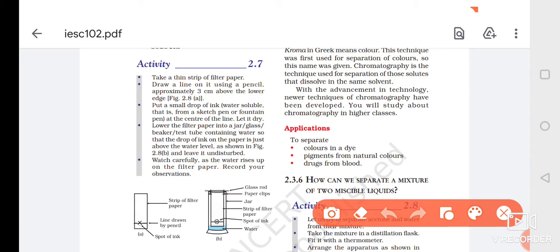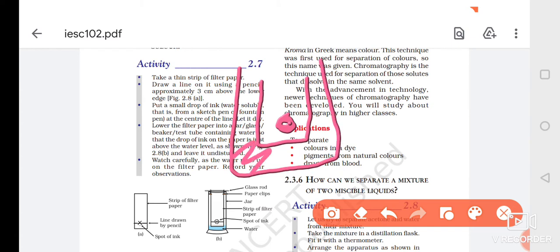This is my filter paper. On a strip of filter paper, I will put a drop of the dye which I want to separate, and place it in the glass jar. In this glass jar, I have taken the solvent, and the solvent is water here.